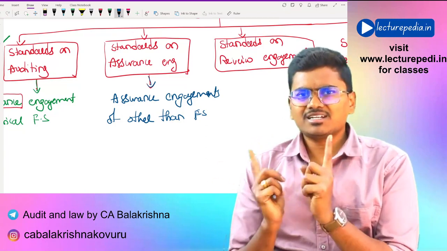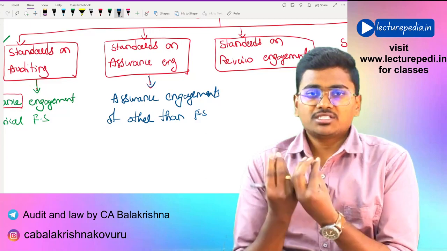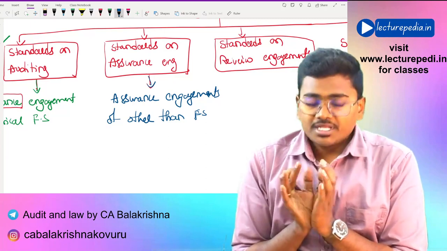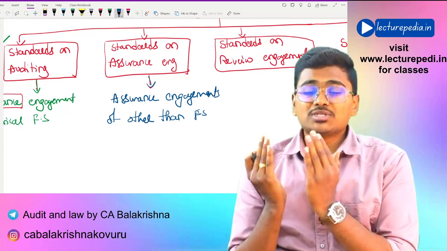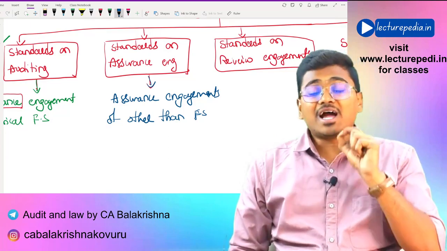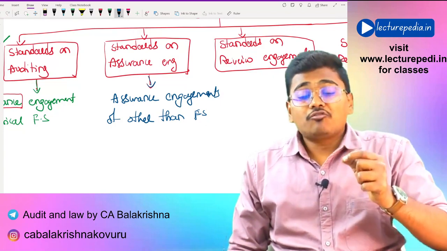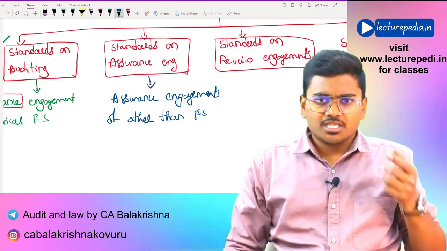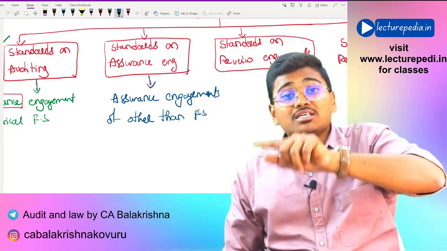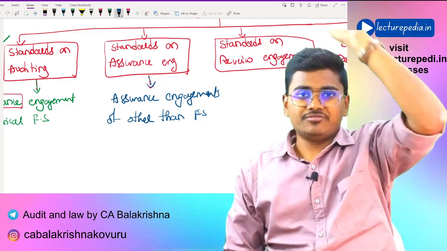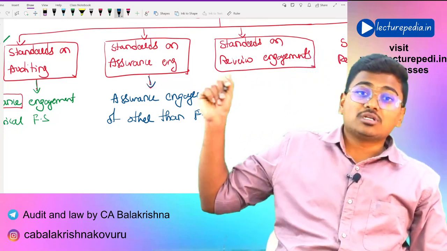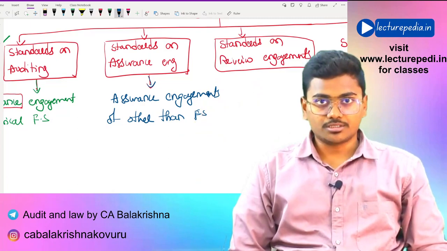Internal controls are not a financial statement item. So this is an assurance engagement other than on financial statements. Here also the auditor is giving assurance, but on internal controls or any item other than financial statements. In that case, the auditor must conduct this engagement as per standards on assurance engagement. Hope this is clear.